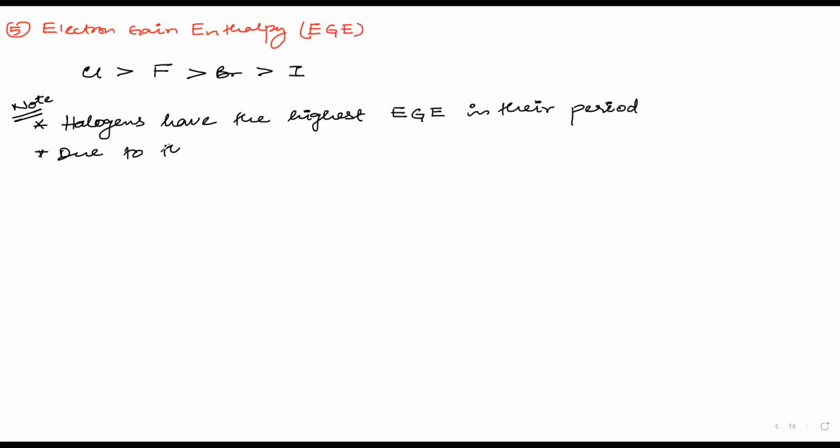Due to their small size and high effective nuclear charge. See, this is again class 11, chapter 3, periodicity. In that periodicity also we see the electron gain enthalpy. What is the reason? Small size and high effective nuclear charge.